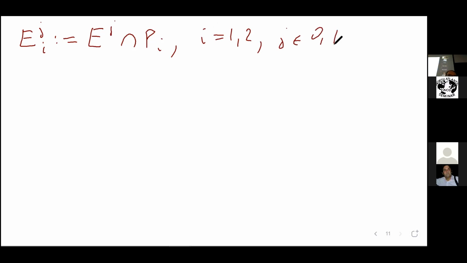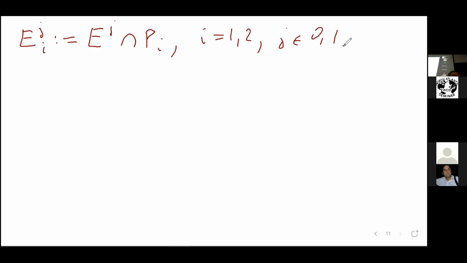So you see, this is why I used superscripts for telling whether I mean vertices or edges. Okay. So since I decomposed all finite paths into P1 union P2, I can also decompose edges and vertices. And this is exactly what I'm doing.